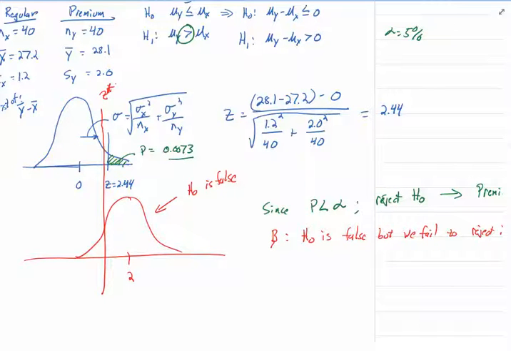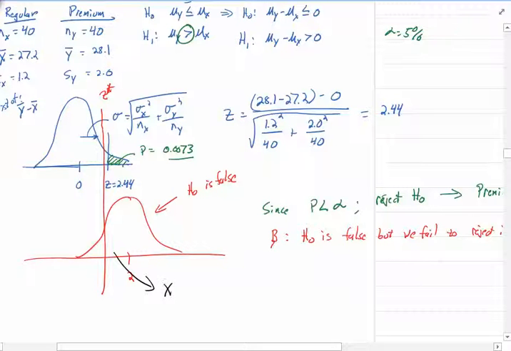So if this is the real distribution where X bar is coming from, anytime we pull an X bar from this side of the line, we're going to reject the null hypothesis and we're going to be correct, right? That's good. Anytime we pull an X bar from that side of the line, again, think back to the blue distribution.